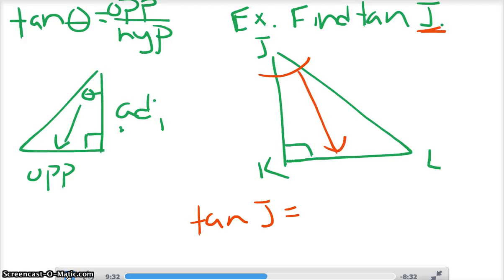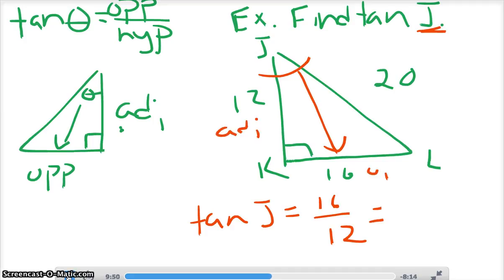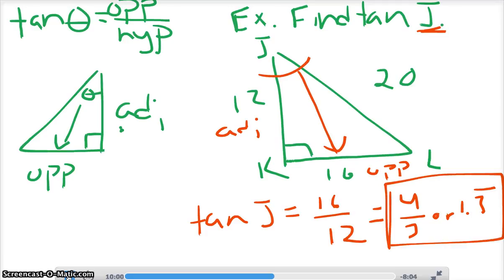Oh, I didn't put the numbers, y'all. So my opposite would be 16, and then my adjacent side would be the 12. Opposite over adjacent reduces to 4 over 3 or 1.3 repeating.